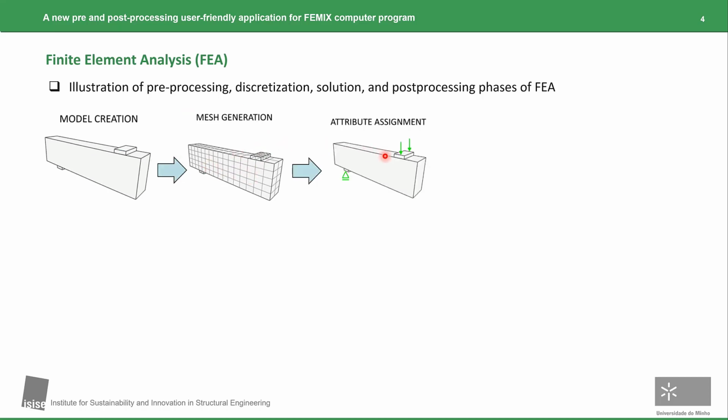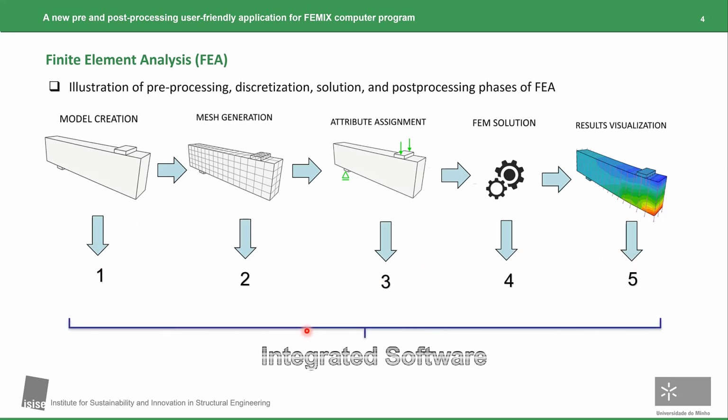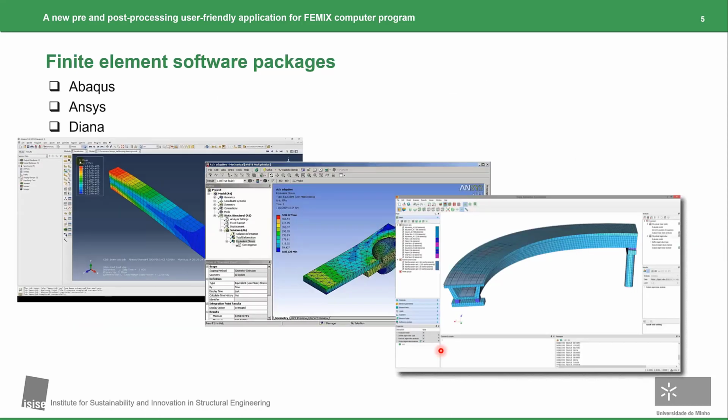Then we have attribute assignment, such as supports, loads, and material properties. Then we need a finite element solution, where we will use Femix, and then we need to interpret the results through result visualization.